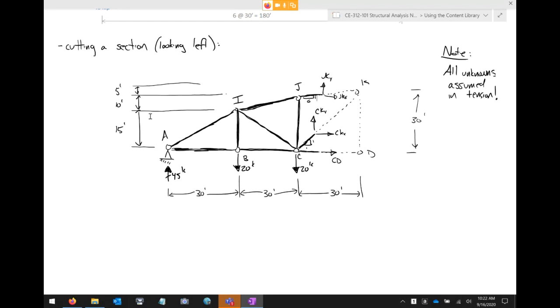So I propose that there are 3 optimal locations about which to sum moments.